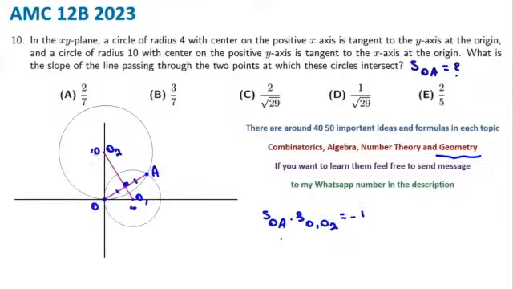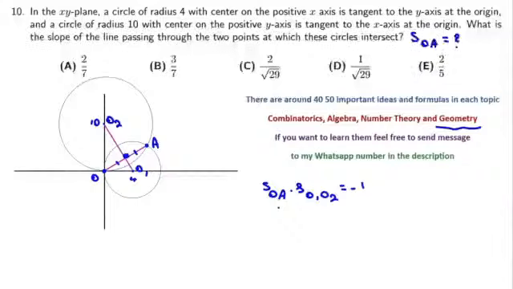Now, what is the slope of OA? We don't know, we want to calculate it. For O1, O2, this point is O2 at (0, 10), and O1 is (4, 0).